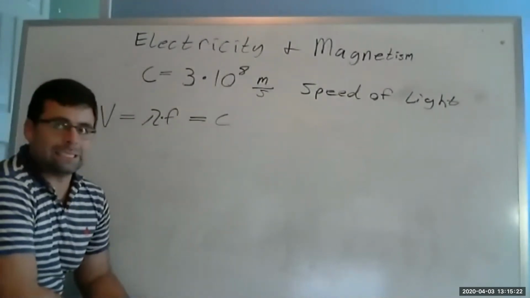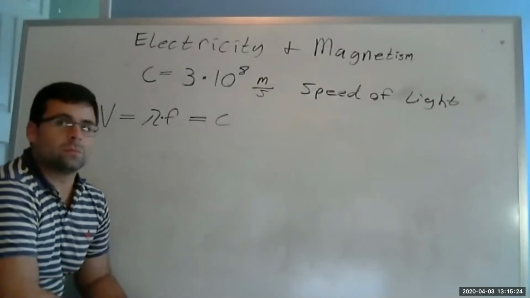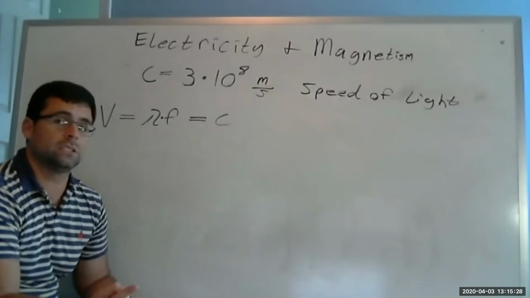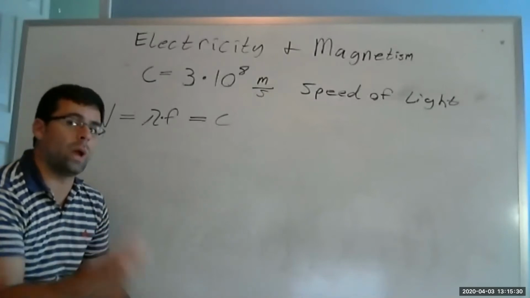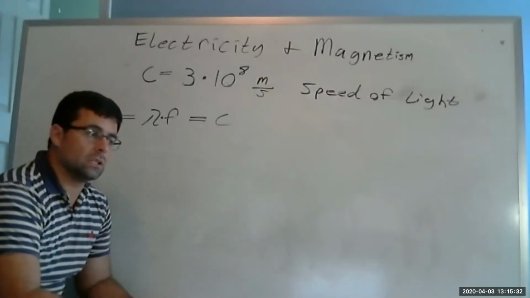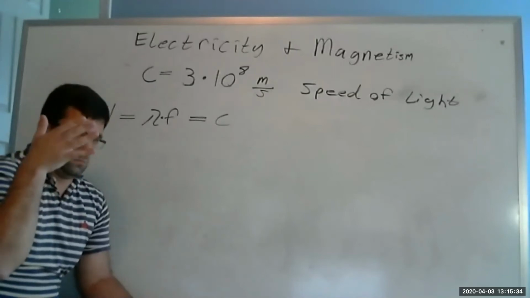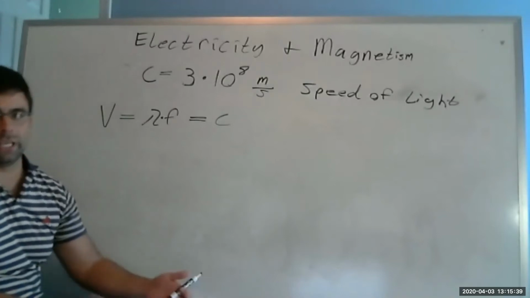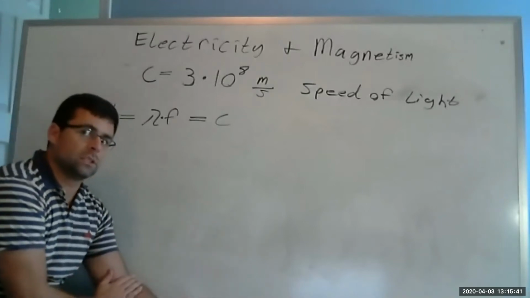what this means, or one of the things that this means, is that if you have a frequency of light, then the wavelength is also constant. So you can't have different wavelengths for different frequencies.